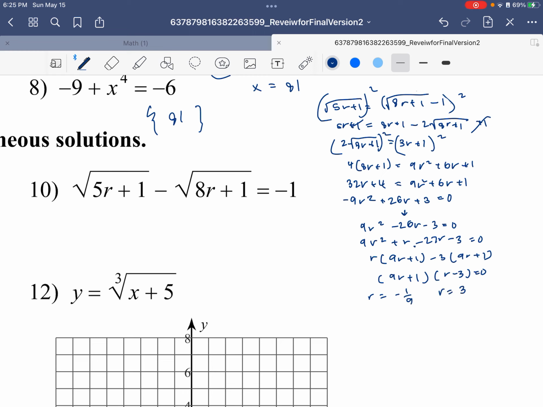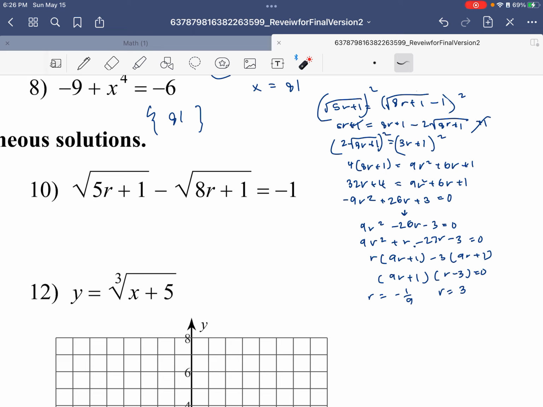Okay, what I did is broke up 26r to become negative r minus 27r, and then I factored out r from these first two terms, factored out 3 from these next two terms so that the inside would match. So you see that it's 9r plus 1, and then you can write those both as 1, and then r minus 3 becomes the second thing and equal to 0.